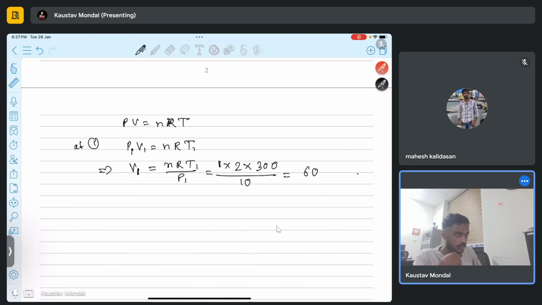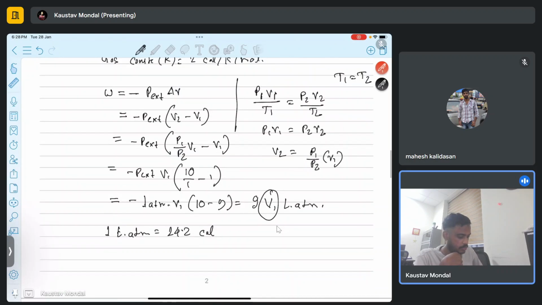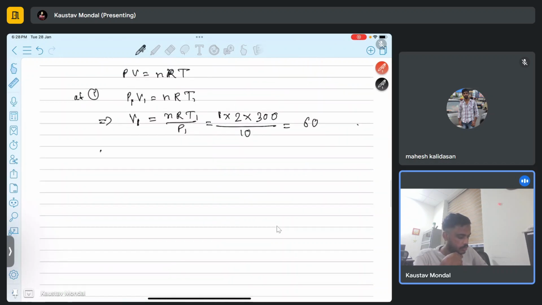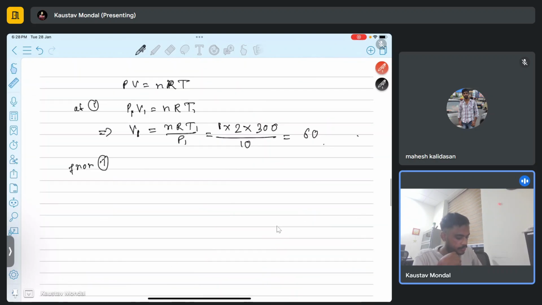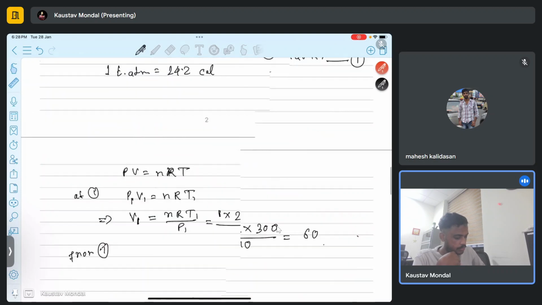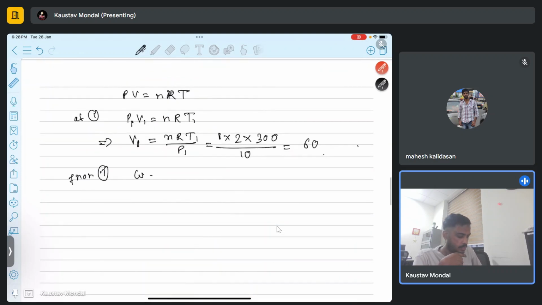In the problem, we have to calculate the work done. From equation 1, we substitute here, so W will become minus 9 into 60 into 24.2.